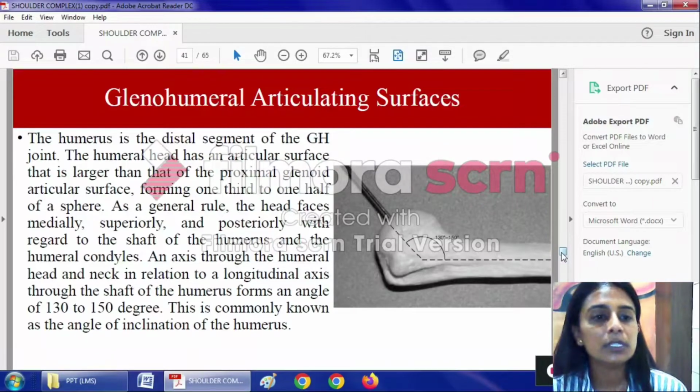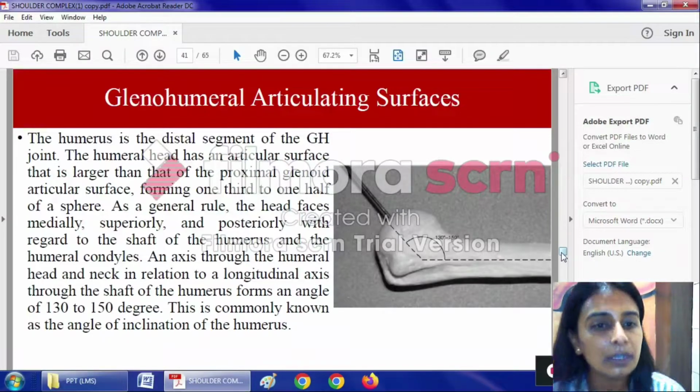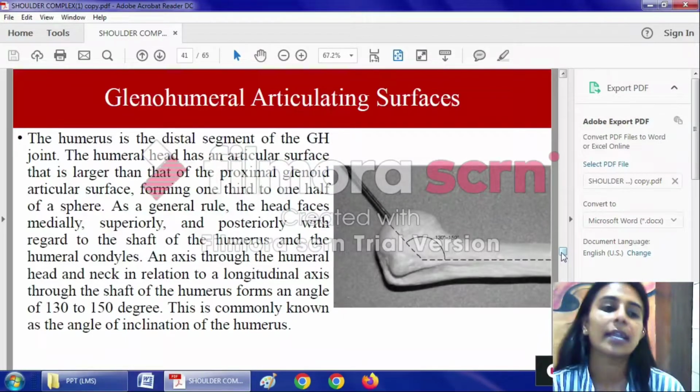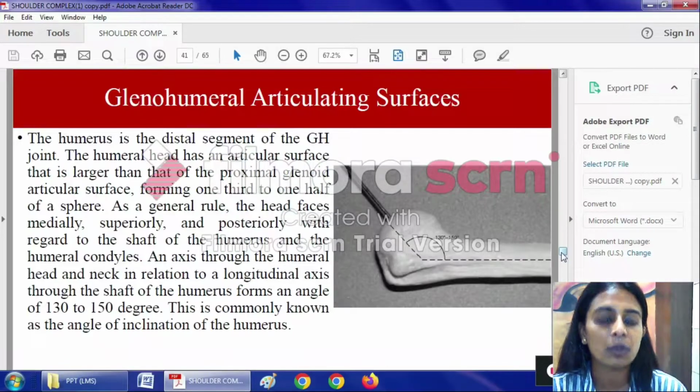The humerus is the distal segment of the GH joint. The humeral head has an articular surface that is larger than that of the proximal glenoid articular surface, forming one third of a sphere. As a general rule, the head faces medially, superiorly and posteriorly with regard to the shaft of the humerus and the humeral condyle.